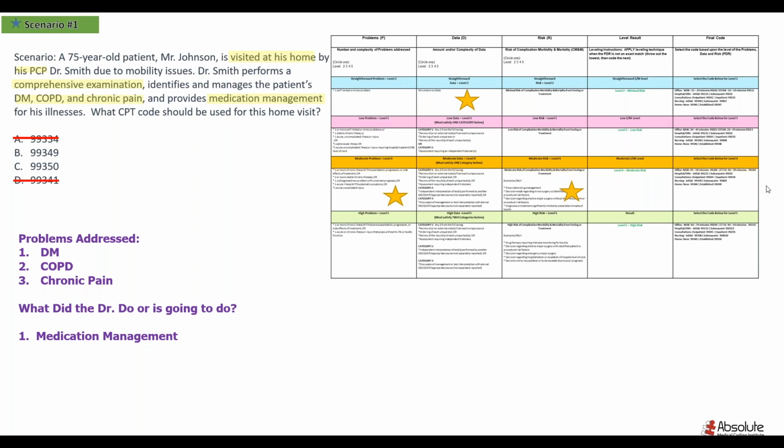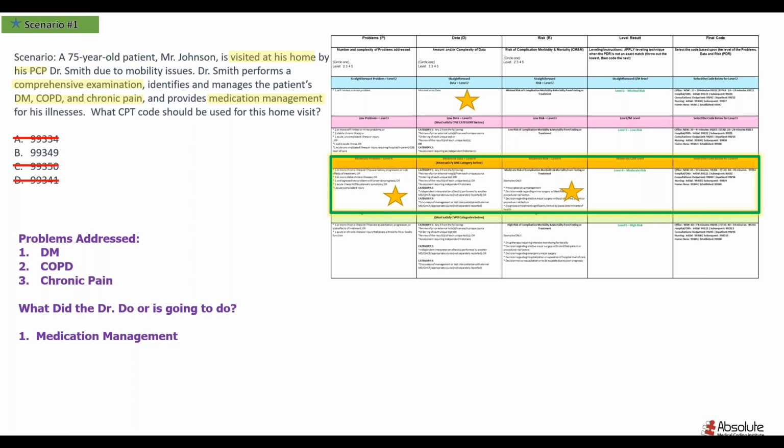Exactly. So what do we have here? We have a moderate problem, straightforward data, and moderate risk. What is our E/M level going to be? Coders will throw the lowest level out and select the next.